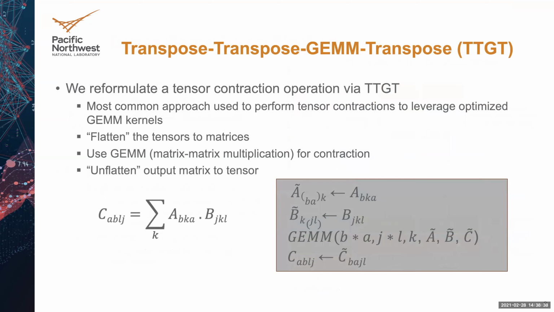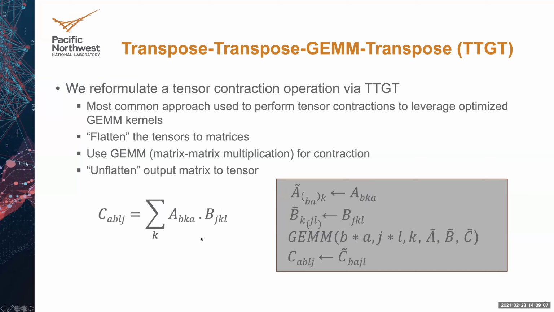So let's look at what transpose-GEMM-transpose means. This is a very common approach used for tensor contraction, in NWChem as well. The reason is that if we reformulate the tensor contraction operation this way, we can leverage optimized GEMM kernels. And how can we do that? Let's assume that we have this tensor contraction operation.